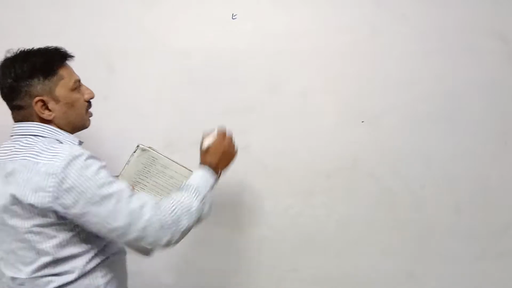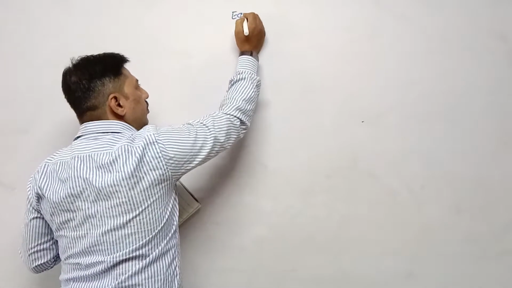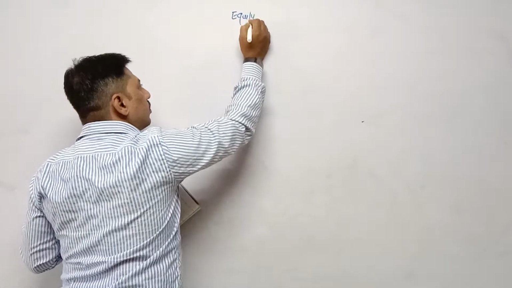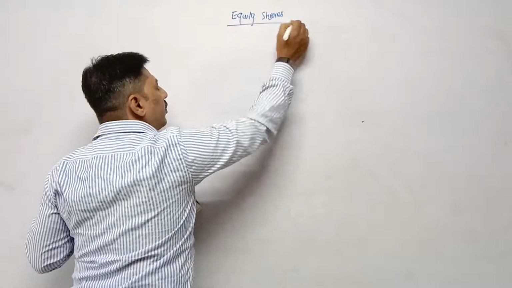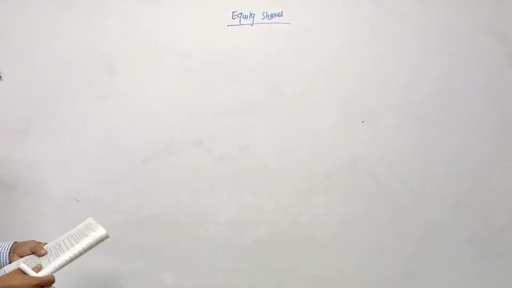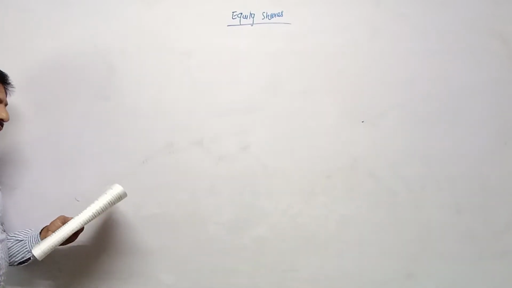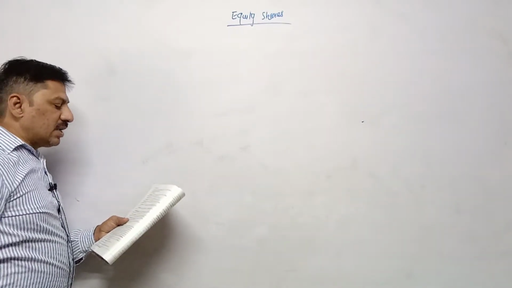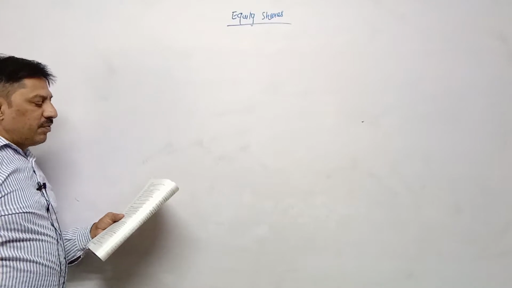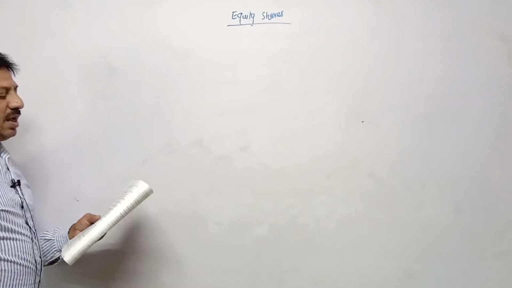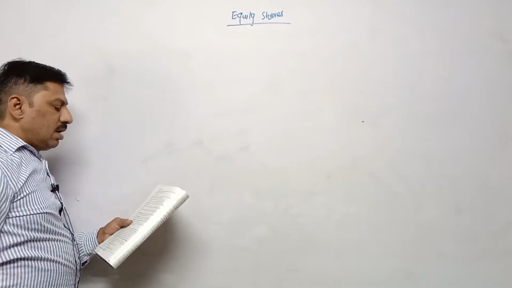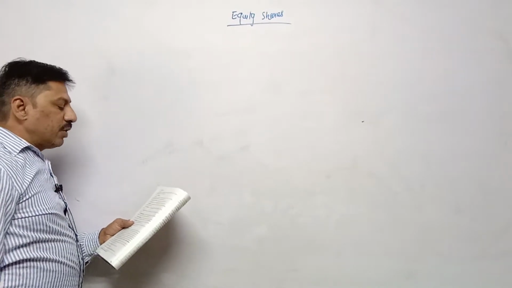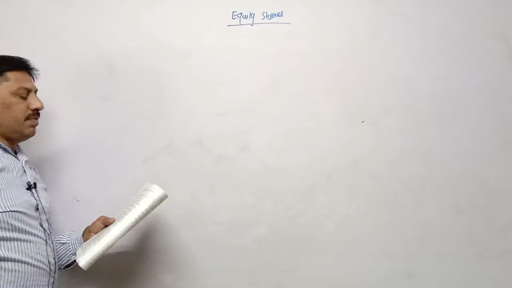Page number 88. Equity shares. Now, what is the meaning of equity shares? The shares having last right to receive dividend as well as capital as compared to preference shares are known as equity shares. Meaning is given.